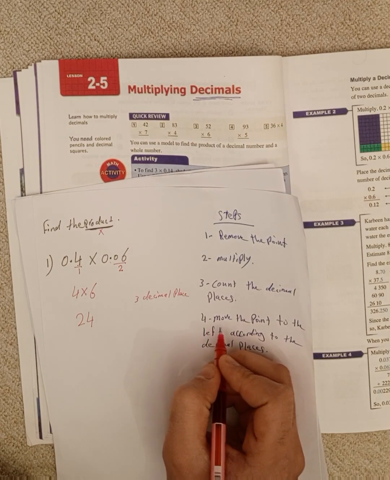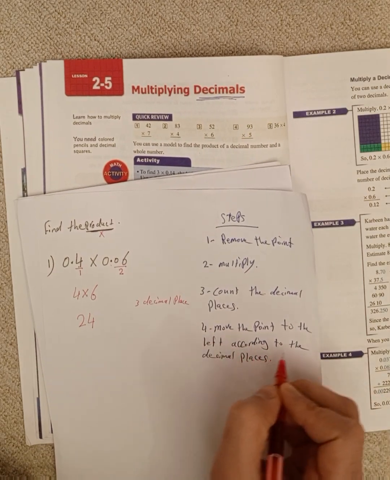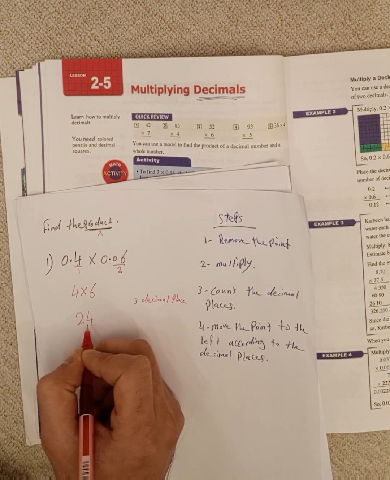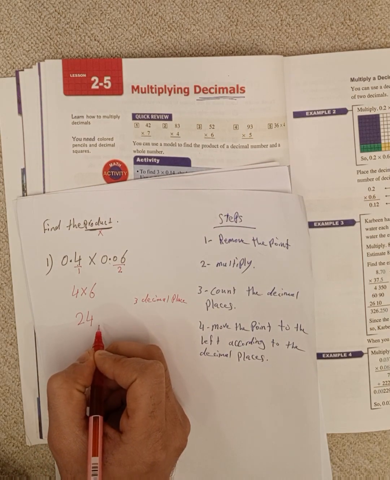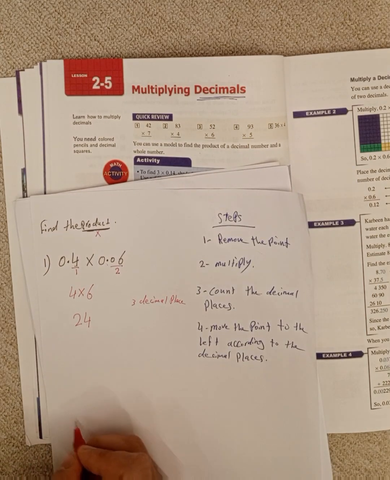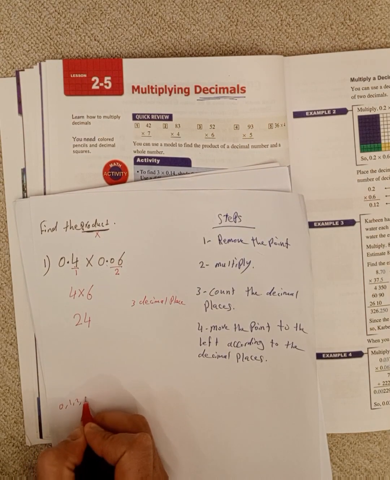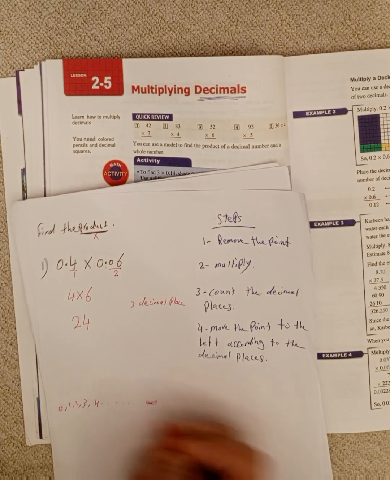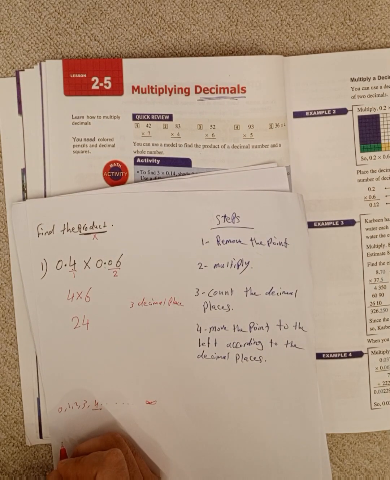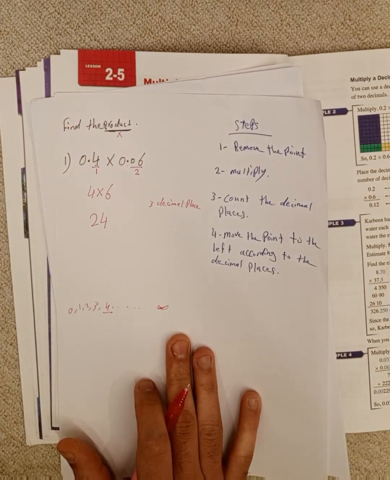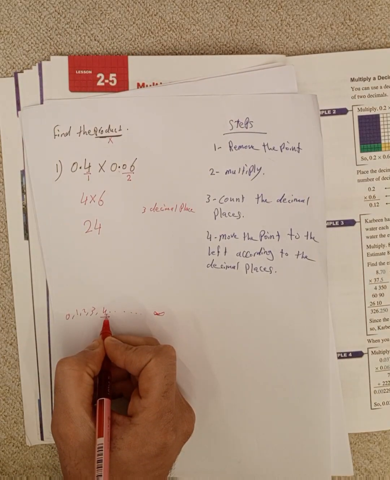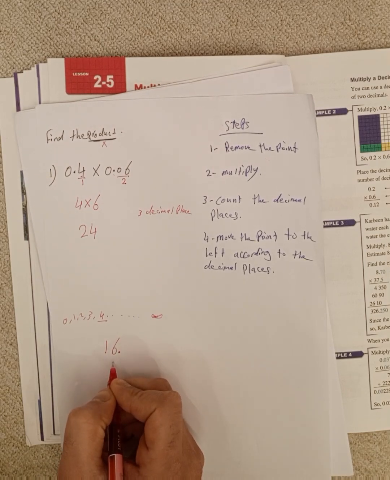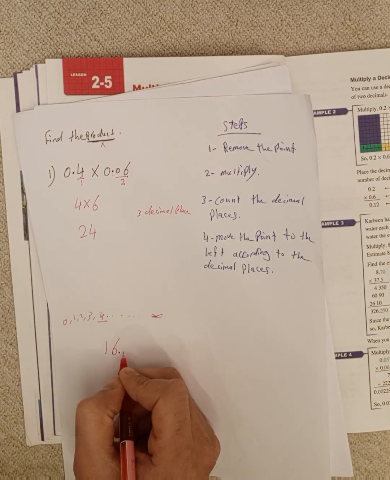The last step is move the point to the left according to the decimal places. We have 24, which is a whole number. Where is the point? With any whole number, let's say 4 or 16, the decimal point is at the end of the number.